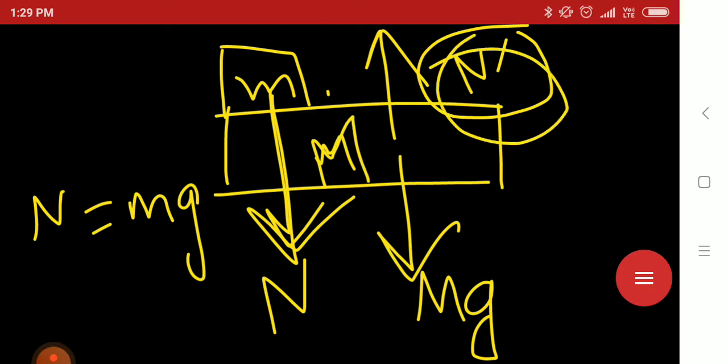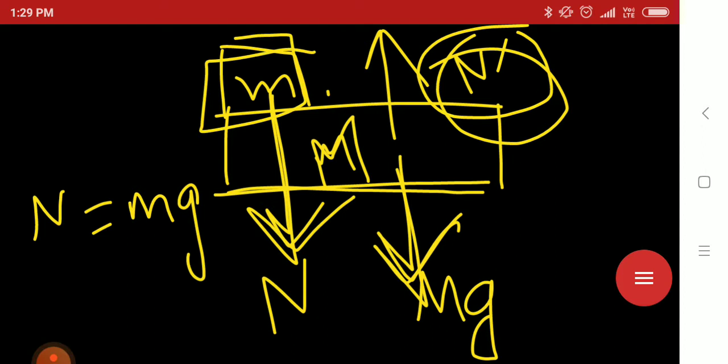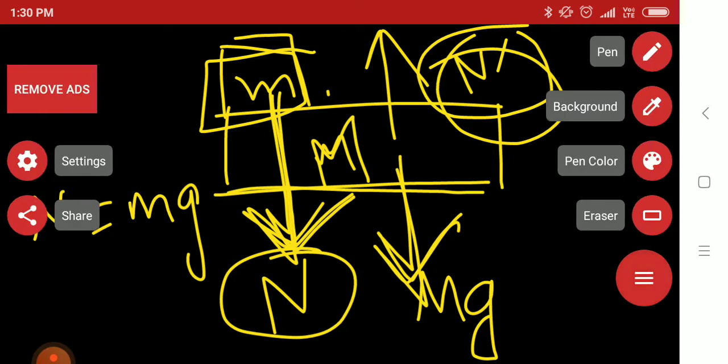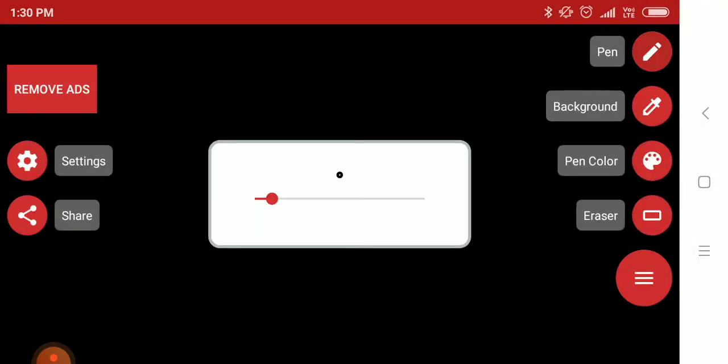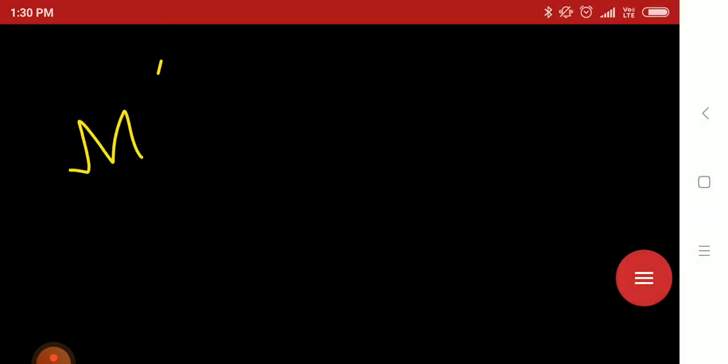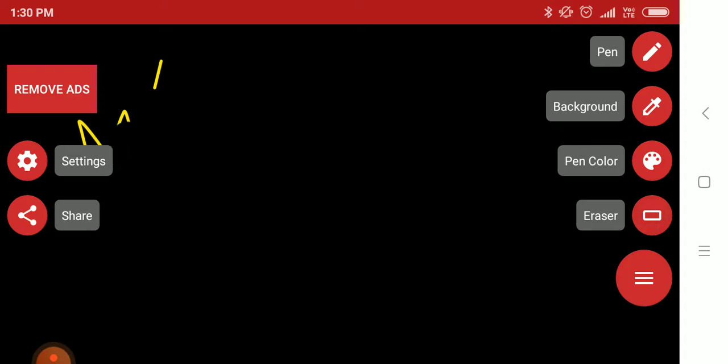So this normal will be what? It is very essential, because there is capital Mg, but over here small m mass is also there, and the gravitational force due to the small m mass is what? Small mg, and small mg is what? Capital N, normal force. So the normal force on the capital M mass will be N prime. Oh, sorry.